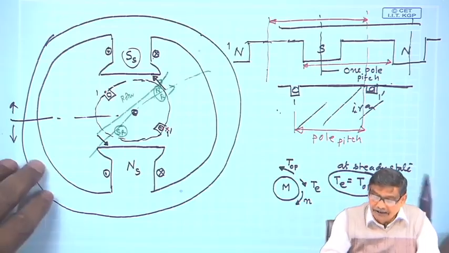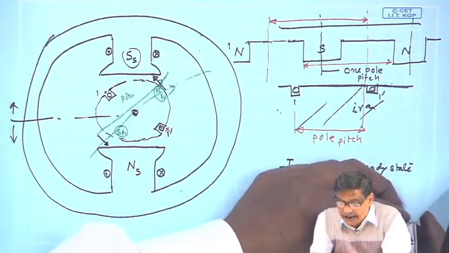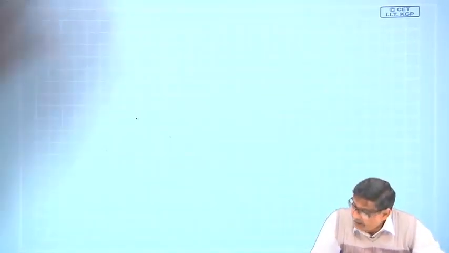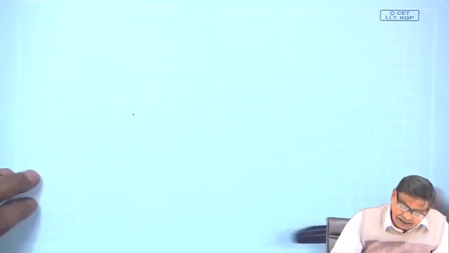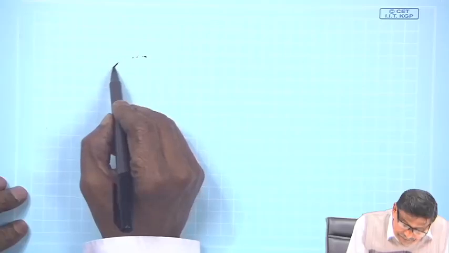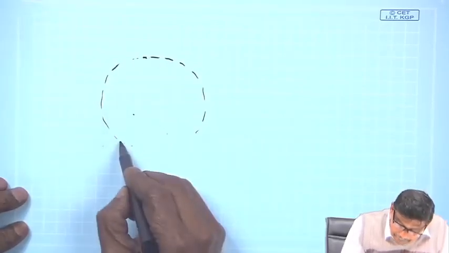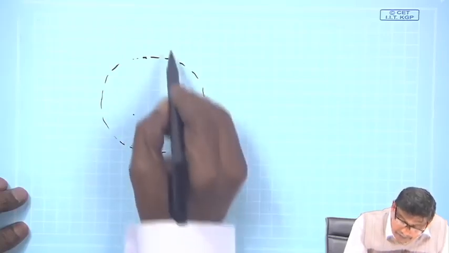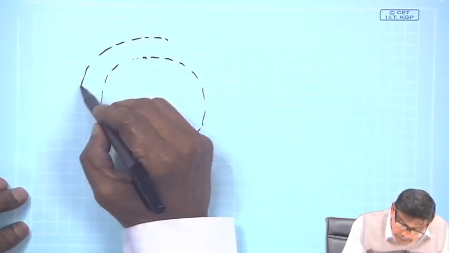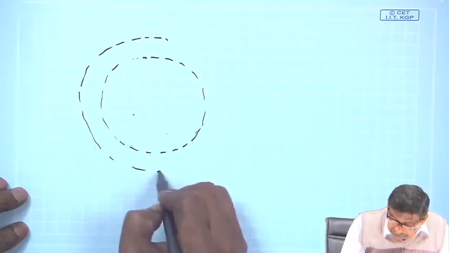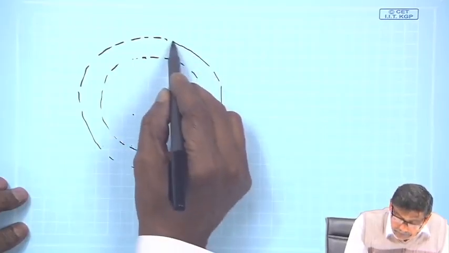Now, a slightly neater diagram I will produce. You can now think that the stator, I have till now shown some projected poles, but I can make a stator like this, totally cylindrical, annular.